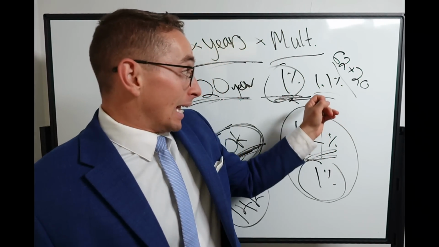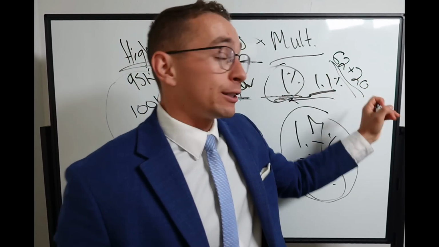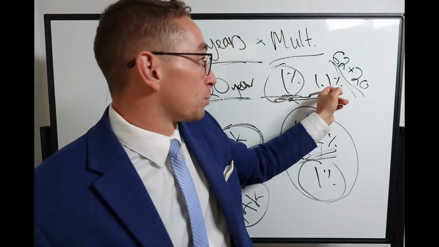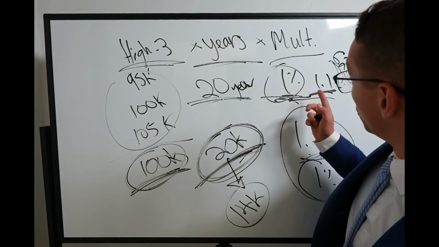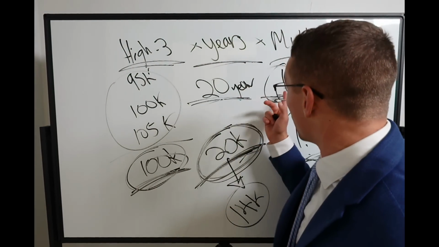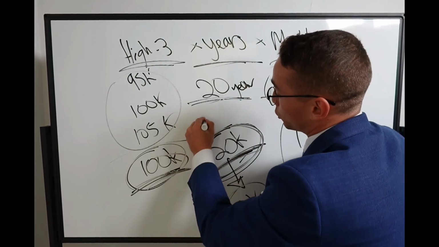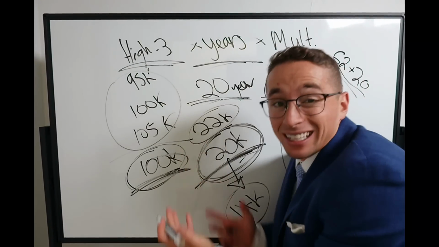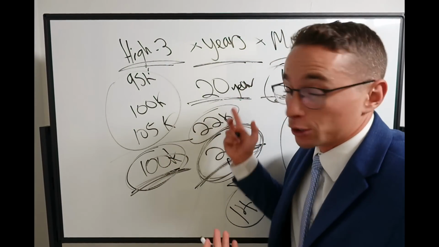And again, if you retire at 62 with at least 20 years, your multiplier is 1.1. So you'd multiply 100K by 20 years by 1.1 instead of the 1. In that case, it would be 22,000 in this example, with 100K as your high 3 and 20 years.